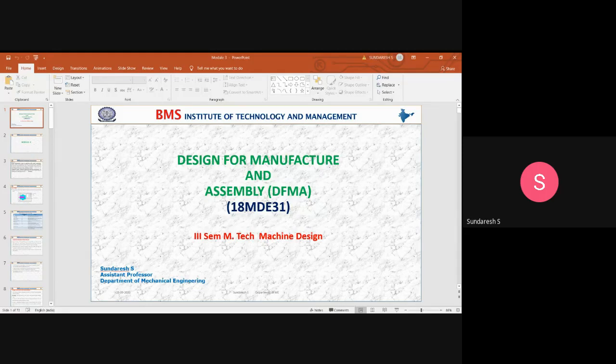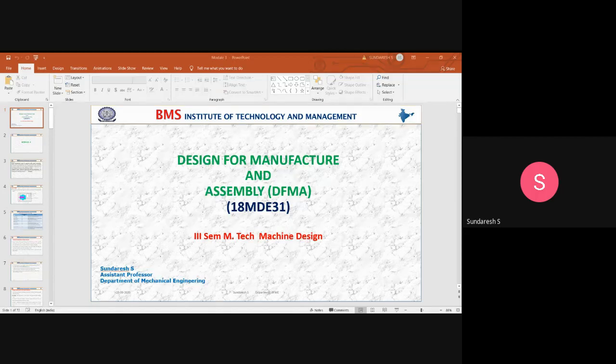Here we will be discussing how we can design the components based upon different manufacturing processes. You can manufacture the components in different ways. There are different methods available to manufacture components.